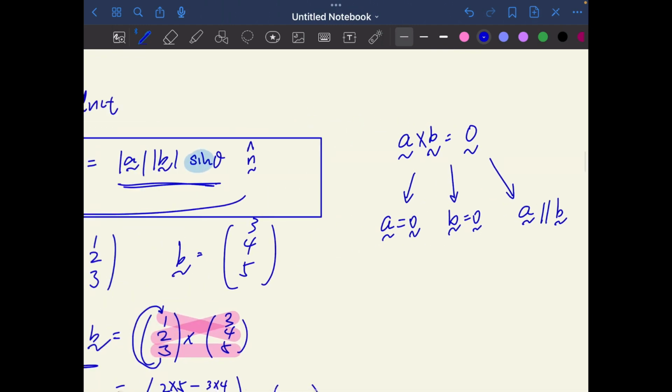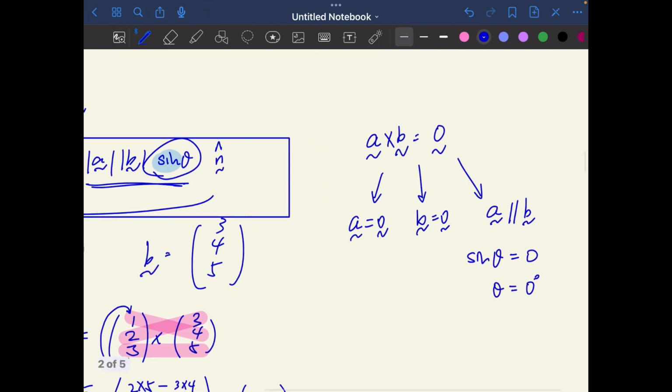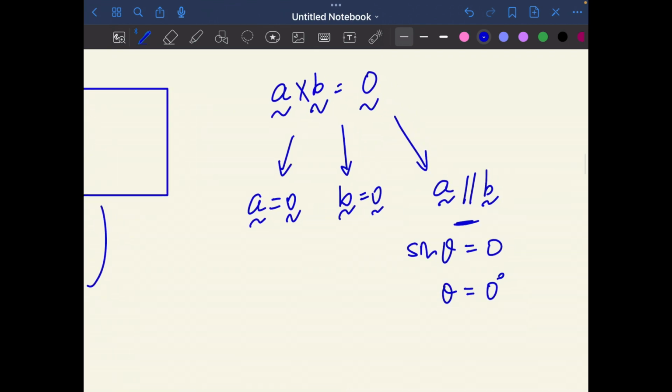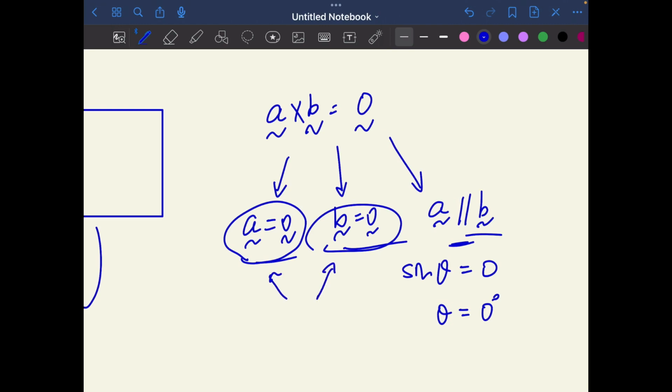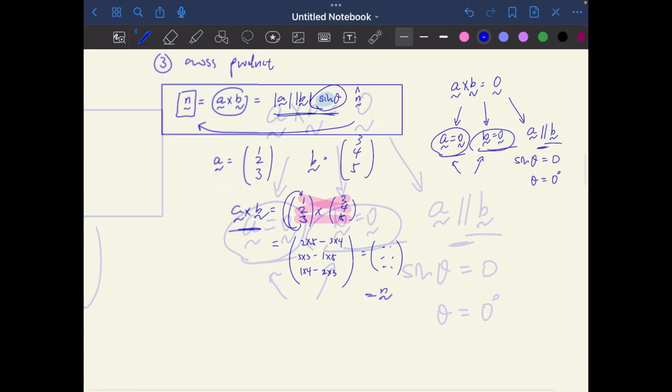From the formula you get sine theta, so for sine theta to equal 0, theta will be 0, therefore they should be parallel. Usually they will specify a and b to be non-zero vectors, but you have to be careful if they don't specify these conditions.